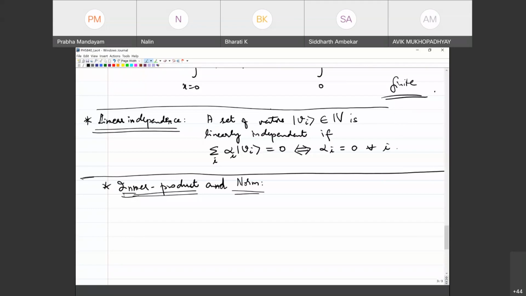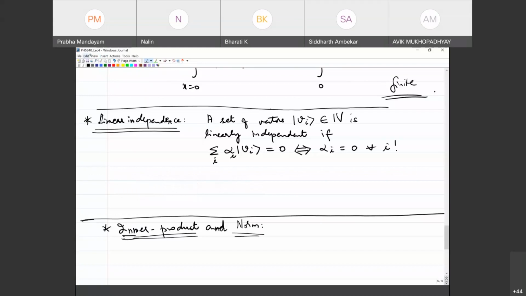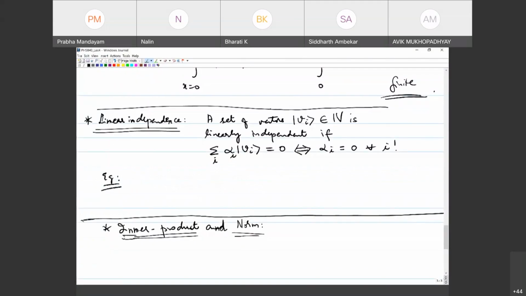I've written this in a somewhat abstract mathematical way, perhaps, so let me clarify this a little bit. For example, consider the vectors (1, 0) and (0, 1) belonging to C2.